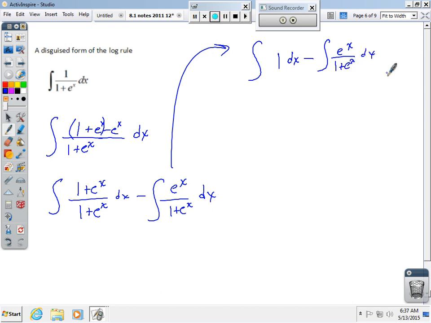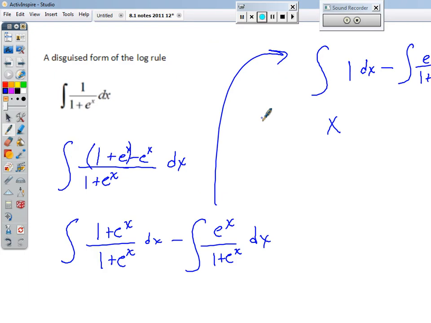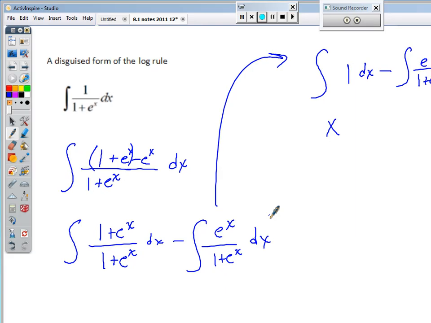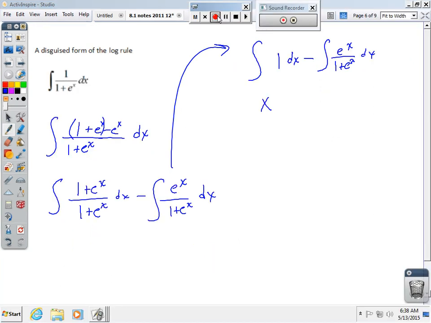And this is going to be u substitution, so let me take care of that. Okay, so integrate 1 dx is just x, and then for the second part we're going to use u substitution. So u is going to be equal to 1 plus e to the x.